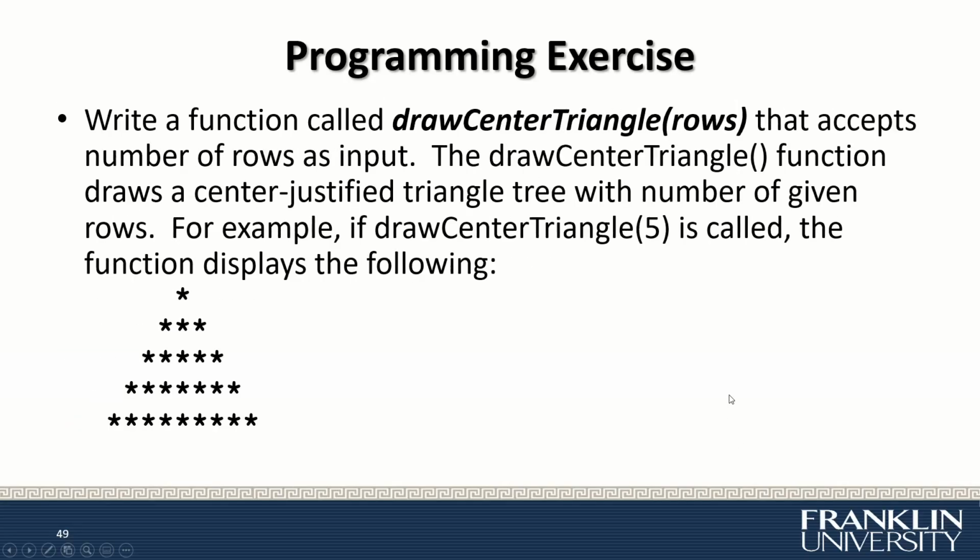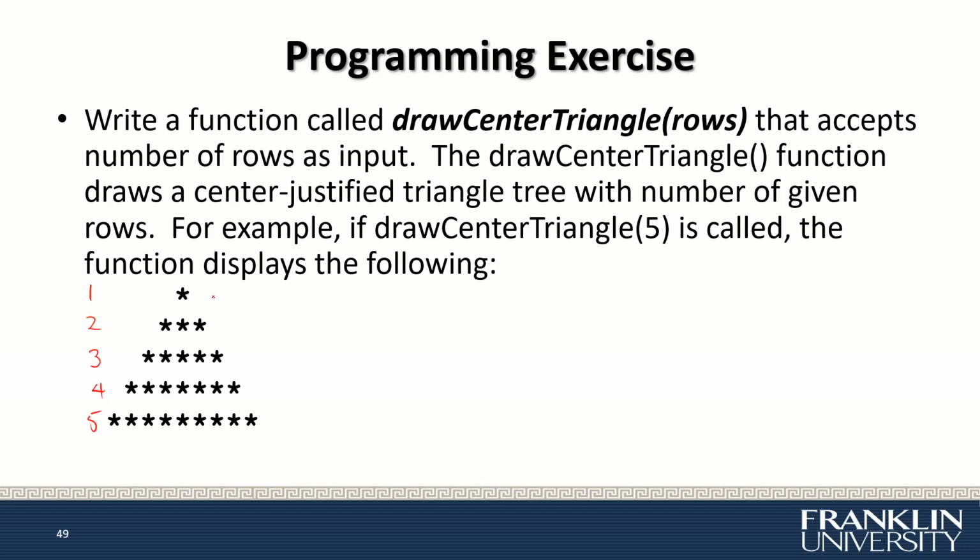What other triangle can I draw? How about this? Draw center triangle with a given number of rows. This one will look a little bit more difficult, but let's try to figure out how this row number works. As you can see here, this is row 1, row 2, row 3, row 4, and row 5.